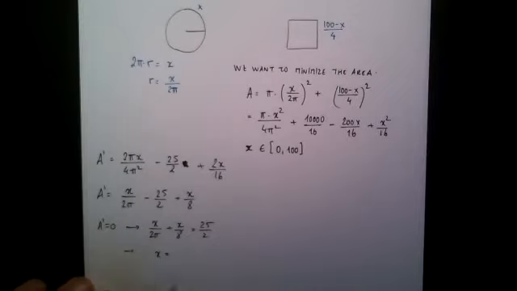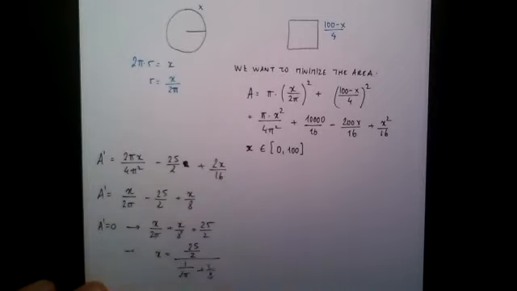So if you isolate x here, you're going to get 25 over 2 divided by 1 over 2 pi plus 1 over 8. If you calculate this, this gives you 44. So x is 44.